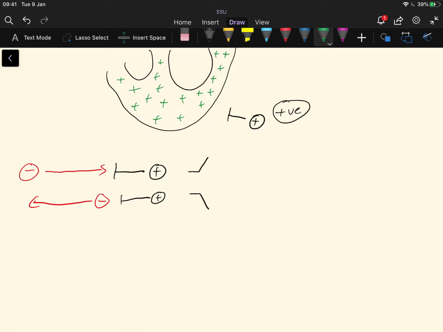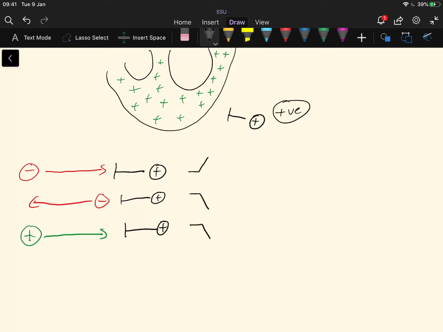In repolarization, the outside of the cell becomes positive, and if that positivity moves towards a positive lead, we get a downstroke, because we have two like charges, two of the same charges moving towards each other, or one moving towards the other.